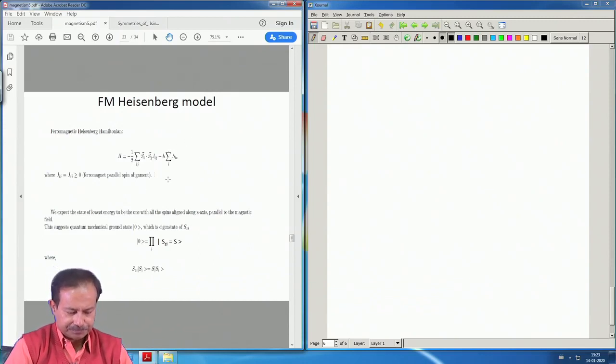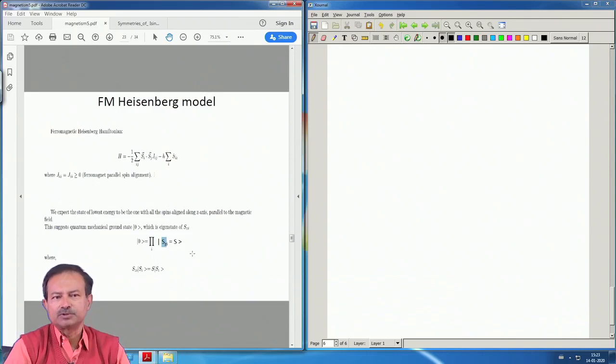Now, how do I write such a ground state? Well, that is not difficult. What we do is come to every site, take the projection of the spin along the z direction and make it as large as possible. And what is that maximum value? It has to be s, the value of the spin.